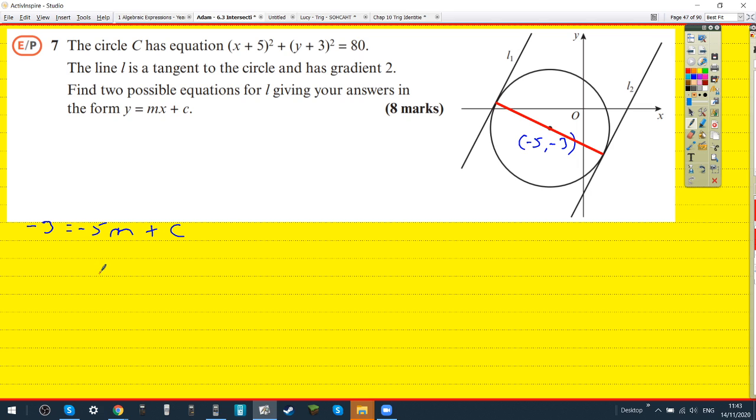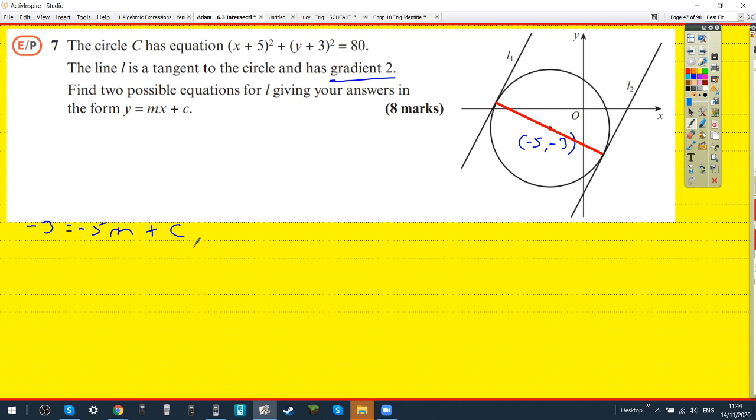And then you have to work out the gradient for -3 equals -5m plus c. Gradient is 2. And so instead of just putting in x and y, you can also put in m.